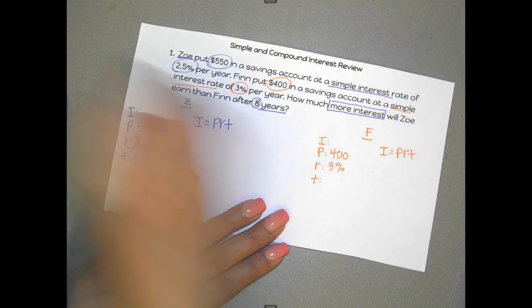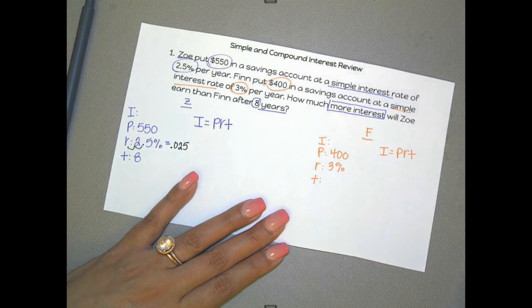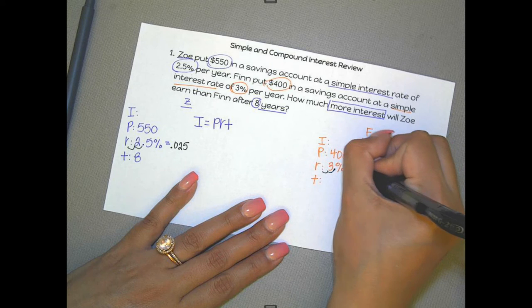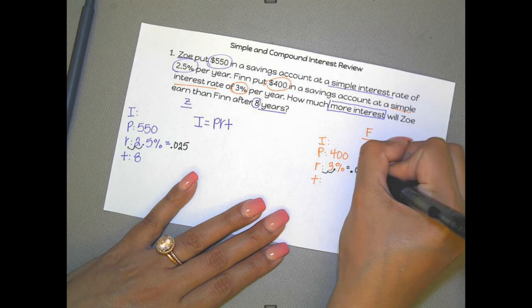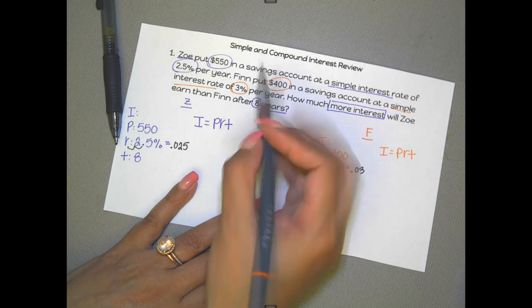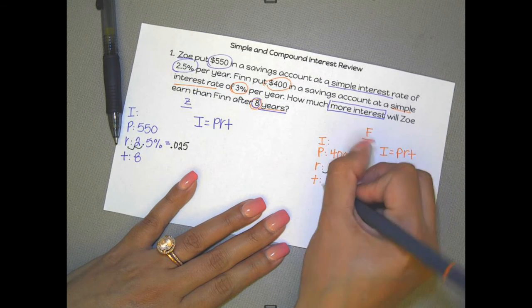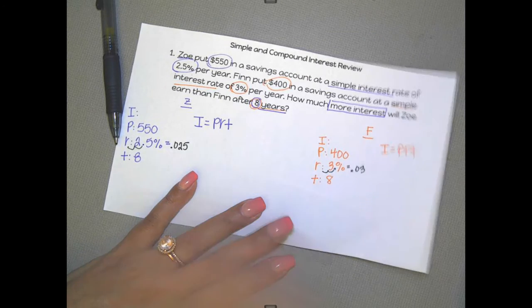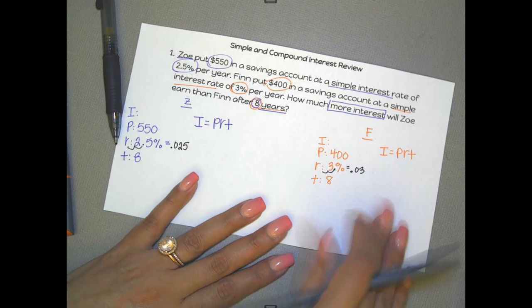Now, I don't see a decimal here on the 3, but I know that it would be here at the end. And I move it 2 places to the left, so that's going to be 0.03. And then in my question, it says after 8 years, so the time will be the same for Finn on this one as well. Now I'm going to go ahead and plug them into my formula.